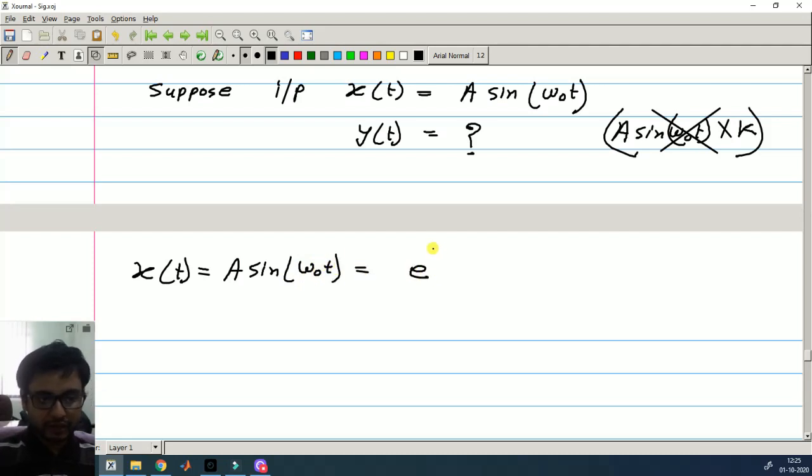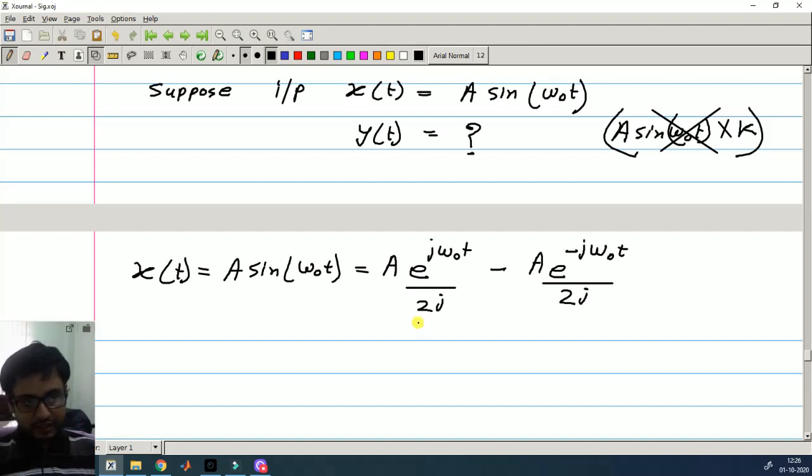to the power j omega naught t minus e to the power minus j omega naught t divided by 2j, and this a is the amplitude.